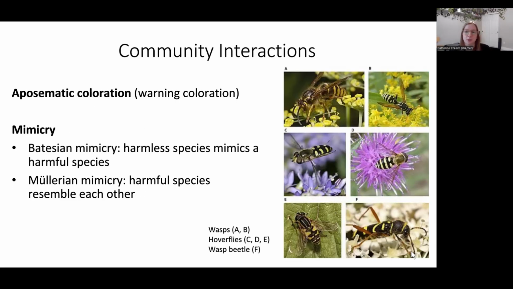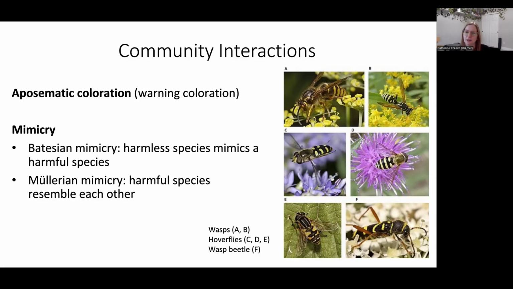Another thing that our community interactions can create is warning coloration, which is also called aposematic coloration. In this, you have colors like the pattern of a skunk or the black and yellow stripes on a bee or a wasp that indicate to other organisms that you are toxic or poisonous, or you have a sting, you are deadly, you are not to be messed with in some way.